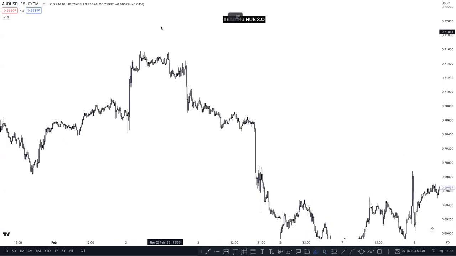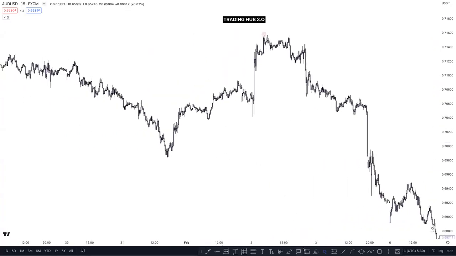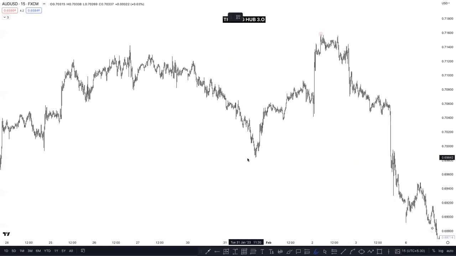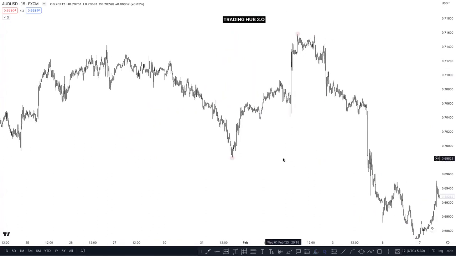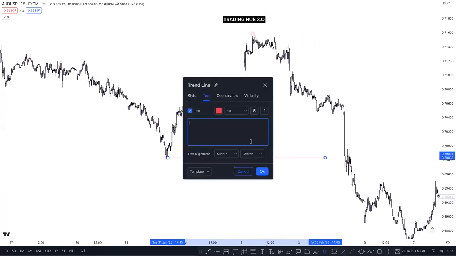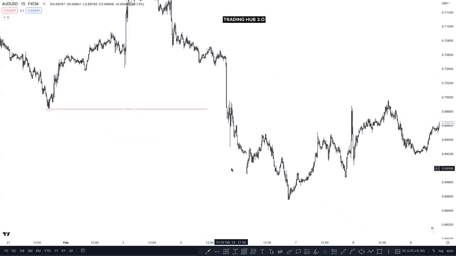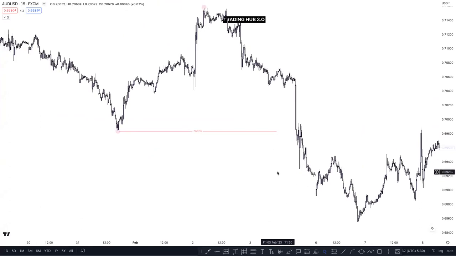And at this point, this is our higher high, and the previous structure was here at this point, right? And then structure broken here, and this becomes our change of character because before this move, structure was bullish, right?